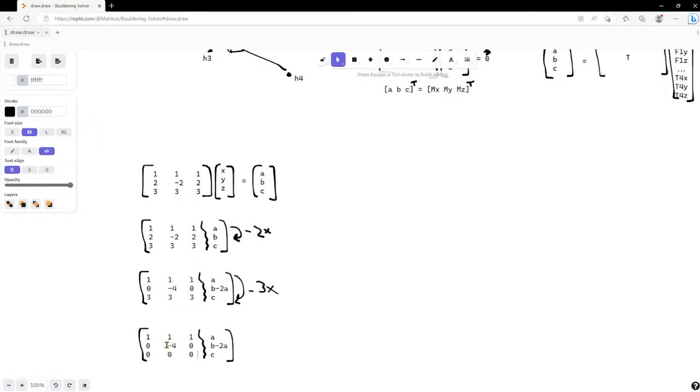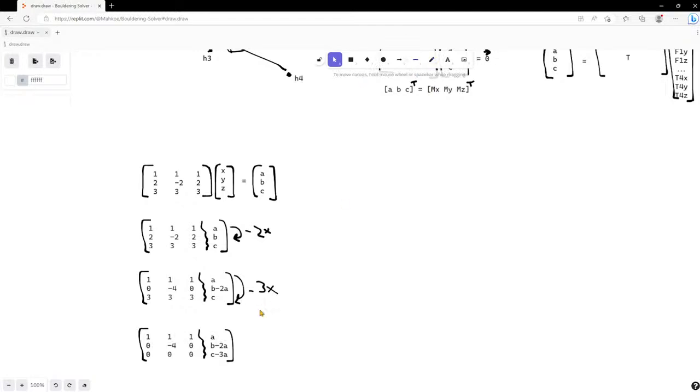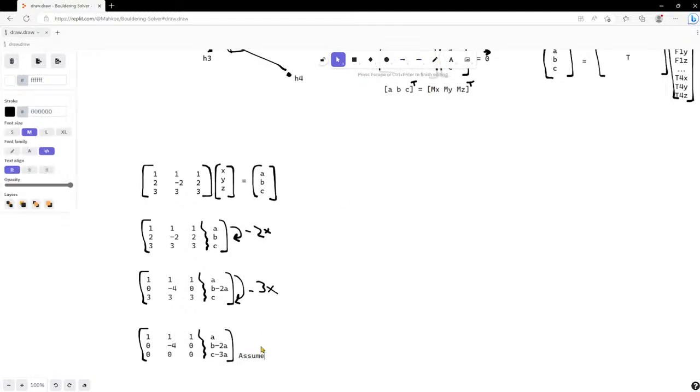Okay, get off my back. Oh, wait, this has no solutions. Well, not necessarily, because if c minus 3a is 0, then we do have solutions, I guess.